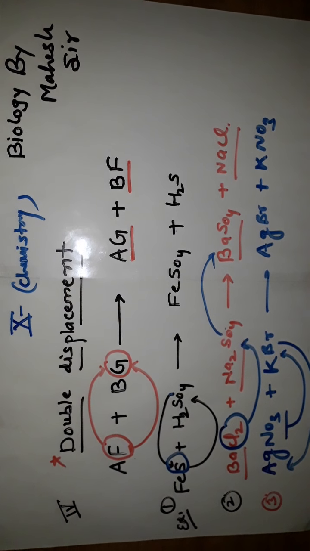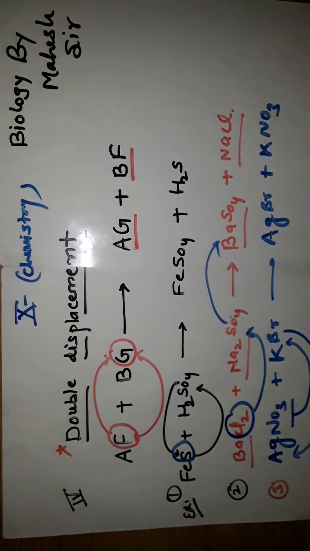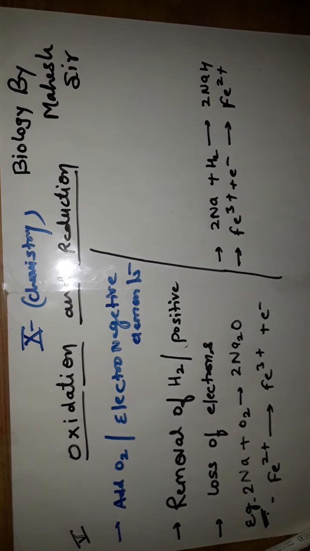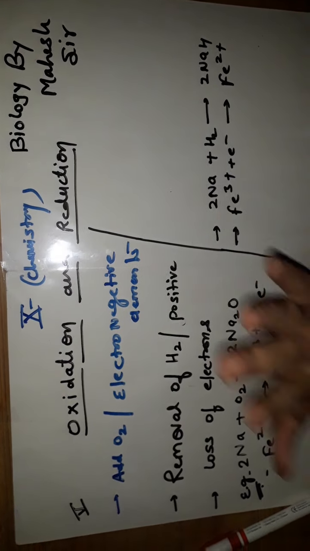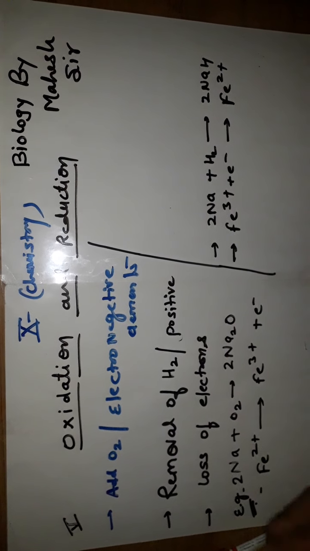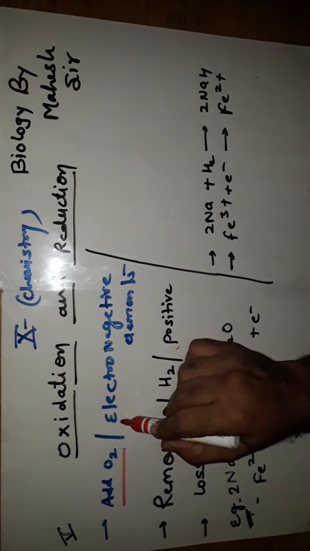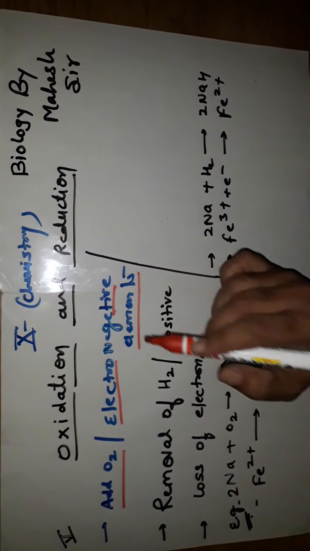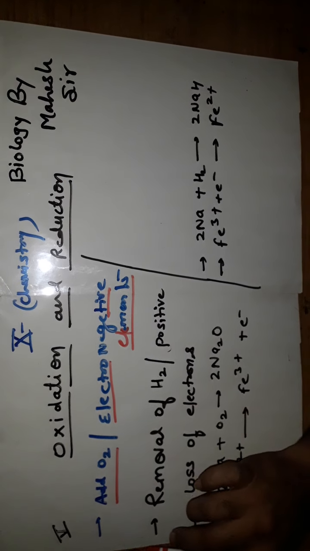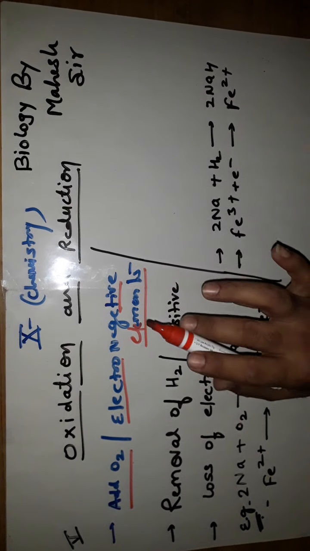Now we take the next, the fifth type of chemical reaction, which is the oxidation reduction reaction. Oxidation can be defined in three ways. First, the process in which there is addition of oxygen or addition of electronegative elements.